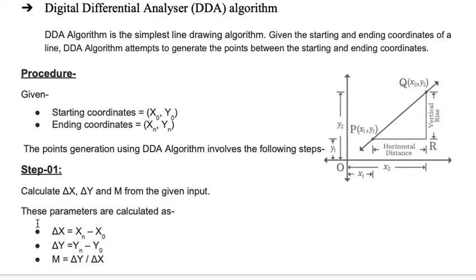The parameters are calculated as delta x equals xn minus x0, and delta y equals yn minus y0. So the differential equation is m equals delta y divided by delta x.